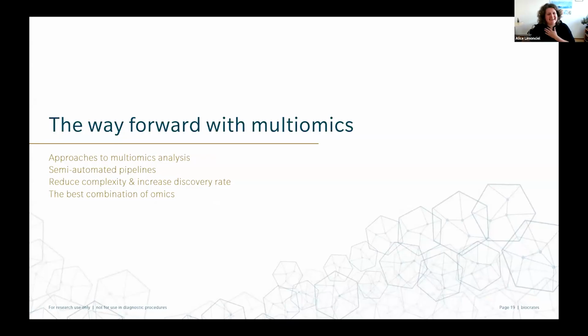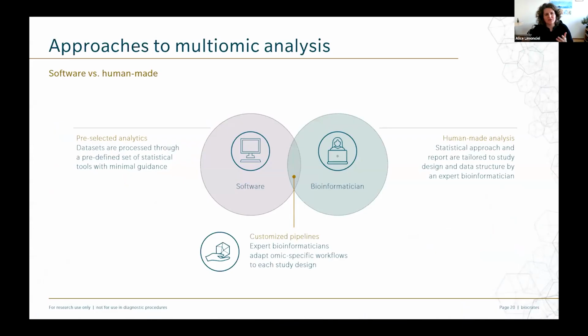Thank you, Carmen. So the way forward with multiomics, the main aspect for me is you have to know how to analyze this data. If you have a bioinformatician, this can be helpful, but they might not be experts at all omics. And if you have a piece of software that just processes everything automatically, you lose that kind of human touch that is needed, especially for the interpretation afterwards.